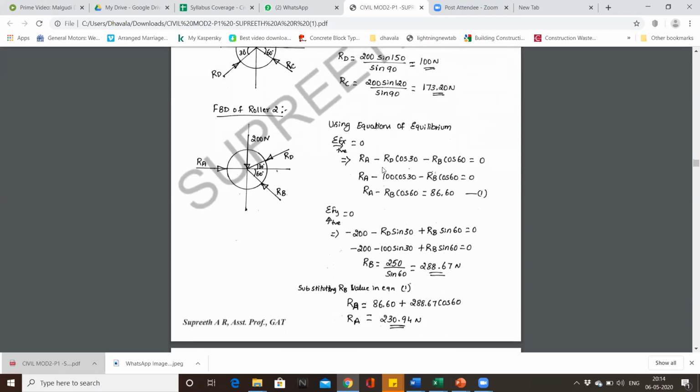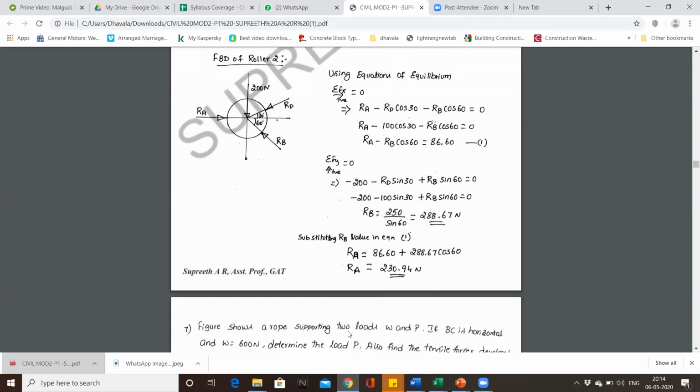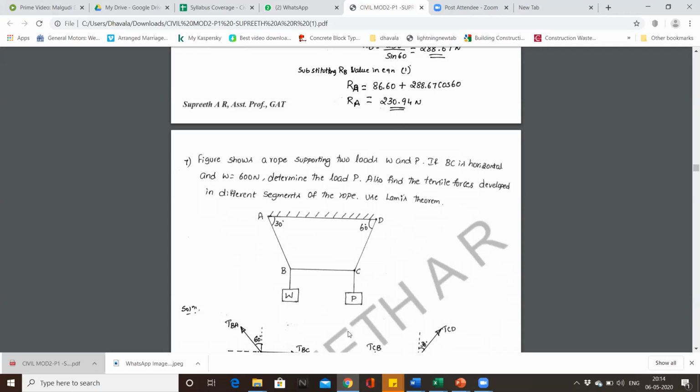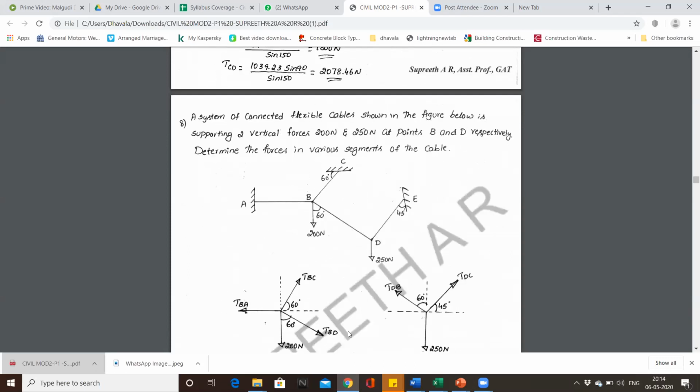On applying these, we get two equations, and solving them, we get the value of RA as 230.94 newtons and RB as 288.67 newtons. This is a direct problem which I'll leave it to you to solve.